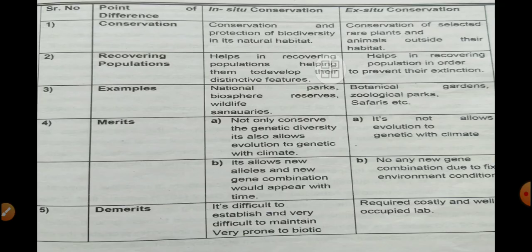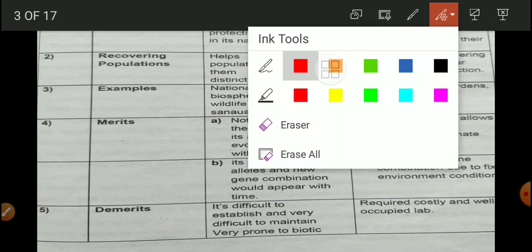Friends, we also got an idea about in situ conservation, ex situ conservation, and in vitro conservation. This slide gives us an idea about the difference between in situ and ex situ conservation. In in situ conservation, protection of biodiversity takes place in its natural habitat. In ex situ conservation, it is outside the natural habitat, an artificial habitat.